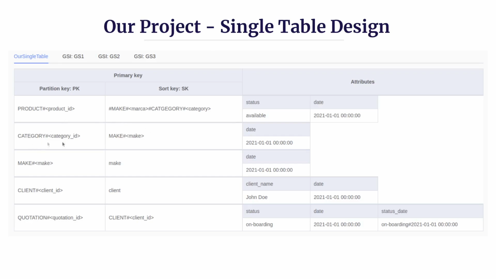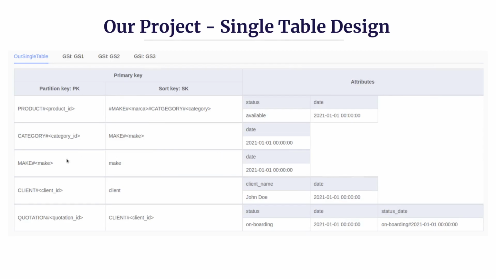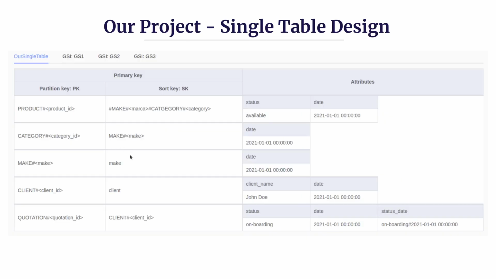So I have my category, my ID, and the make. Here I can check by category ID and by the make. The make as well, I can check by the make ID and by all the makes. Why? Because in the sort key, I am adding the word make. So I can say, please get me all the partition keys with the word make. So you get all the makes.